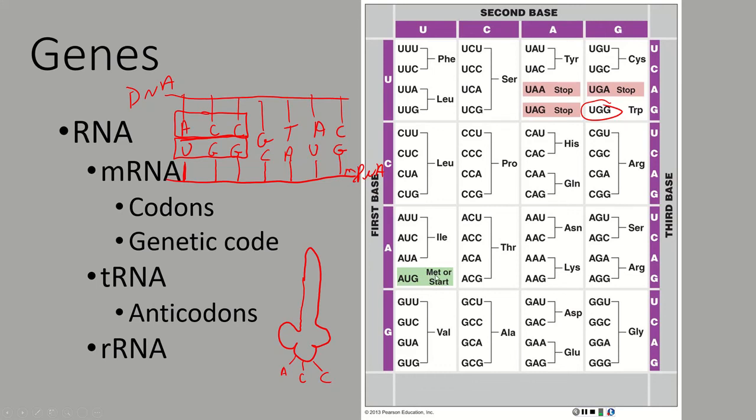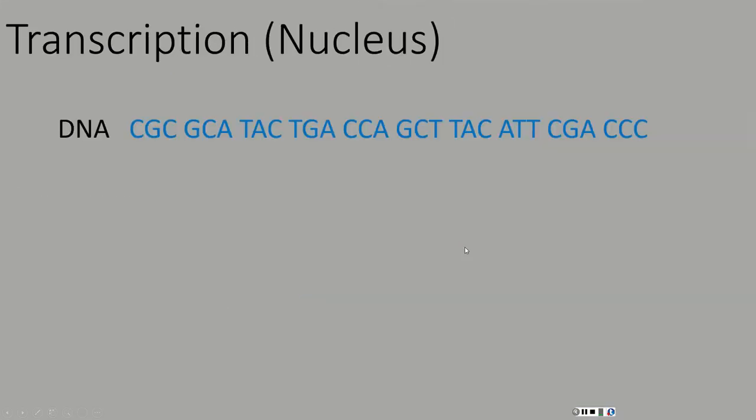Methionine is always going to be the first amino acid laid down. It may later be removed if we don't need it, but AUG says start making protein here and lay down methionine. And now we're going to read 3 letters at a time from this point, and we're going to look those 3 letters up on this chart and lay down whichever amino acid it says.